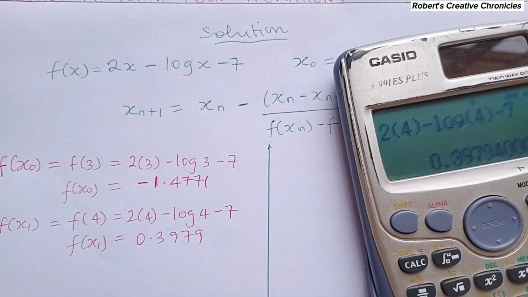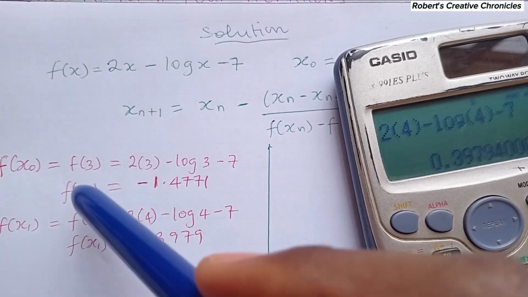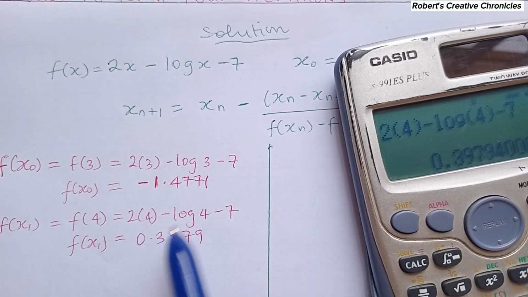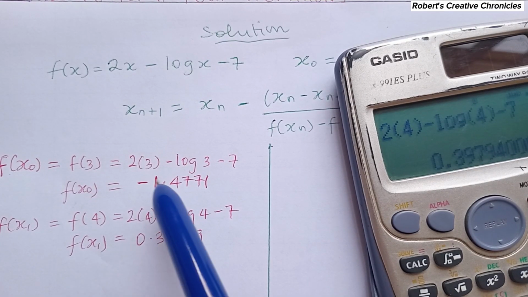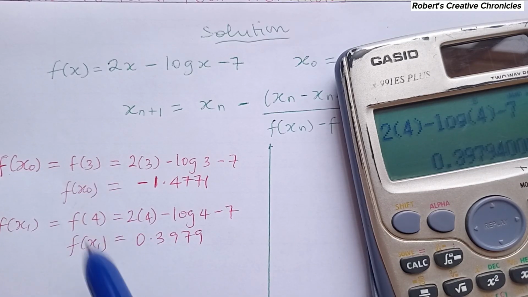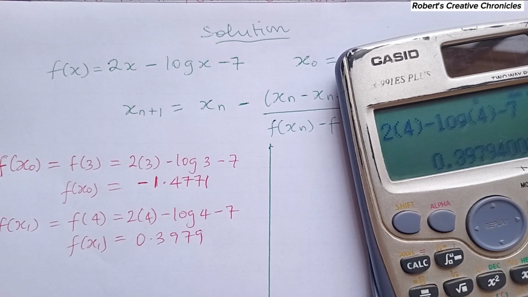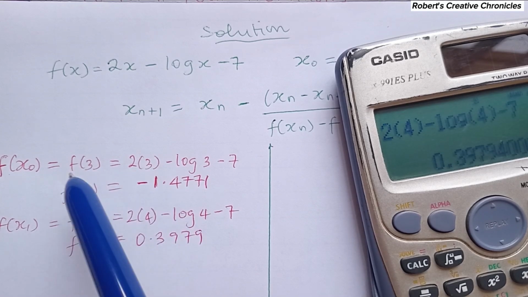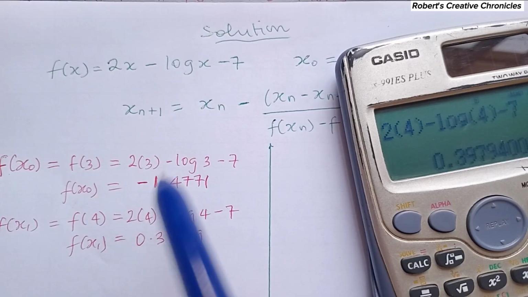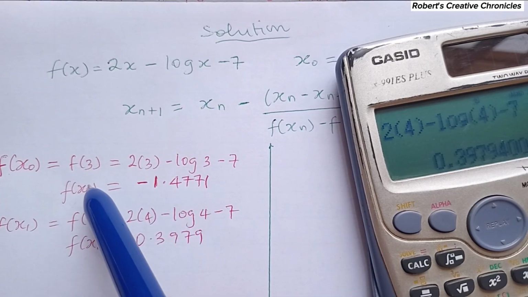So you can see that even with the 2 initial approximations given to us, if you substitute them, you get a negative and a positive value, which means that the root will lie between 3 and 4. Maybe the root is 3.5 or 3 point something. Because when you substitute the root into an equation, it should give you 0.